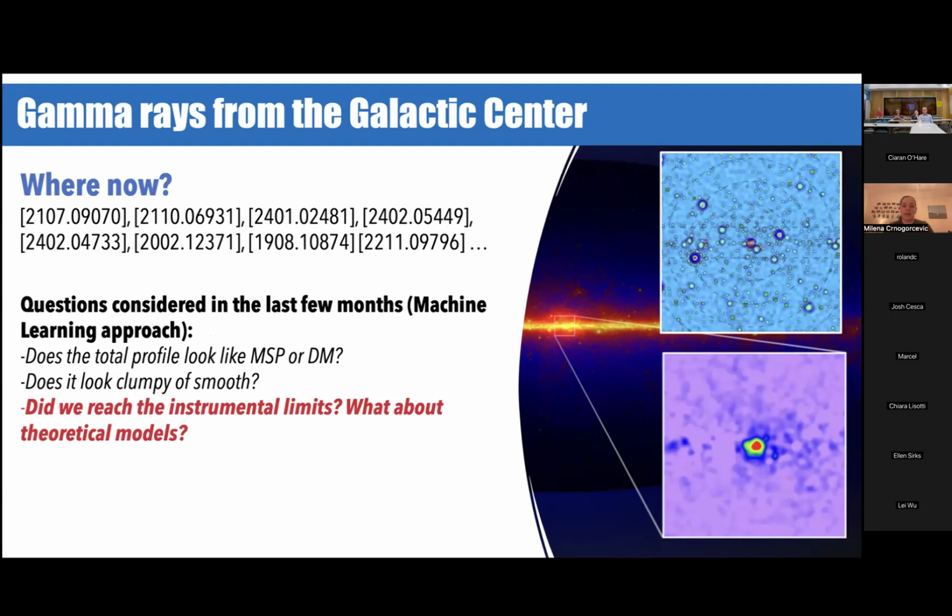The Fermi-LAT data has been there for a while, and the techniques that have been used to characterize this galactic center excess have been incredibly creative, and some of the really nicest work in gamma ray astronomy that I've personally encountered.